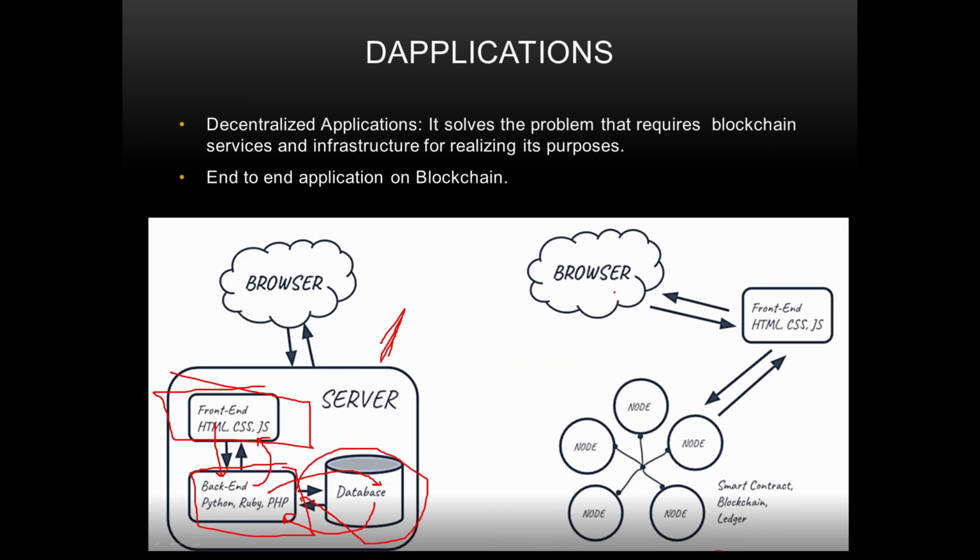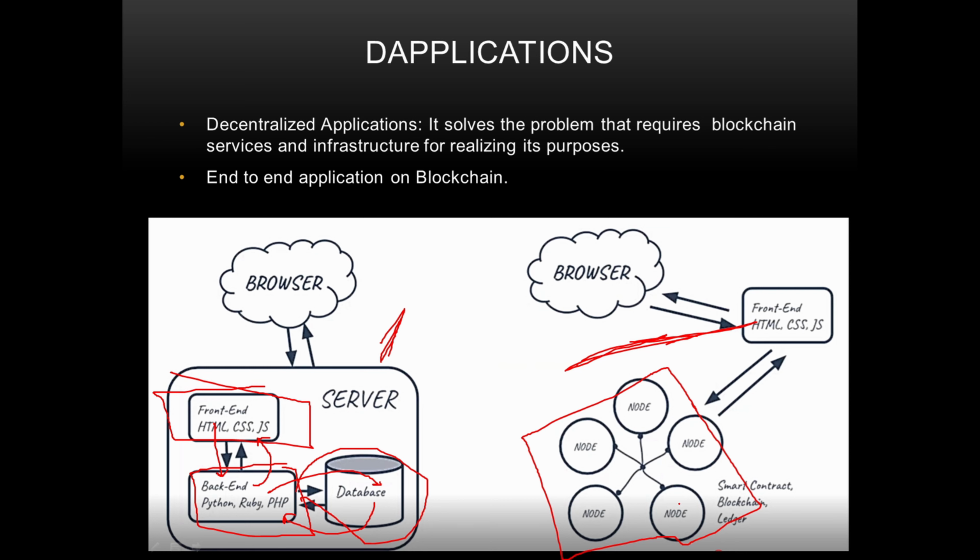Next, this is what the latest decentralized applications are. Here you have a browser which connects with the front end. The front end can be written in HTML, CSS or JS, and the back end is totally blockchain where there are many nodes. You can see all the nodes in a peer-to-peer network.